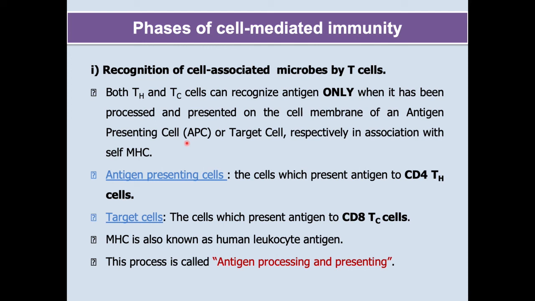Okay, both TH, the T helper cell, and TC, the cytotoxic T cell, can recognize antigen only when it has been processed and presented on the cell membrane of an antigen presenting cell, APC, or target cells, respectively, in association with the cell's MHC.